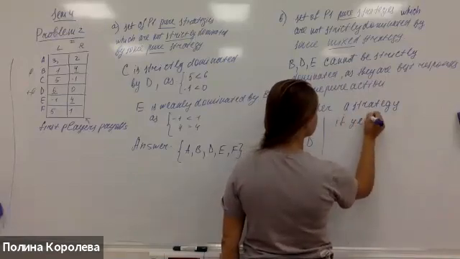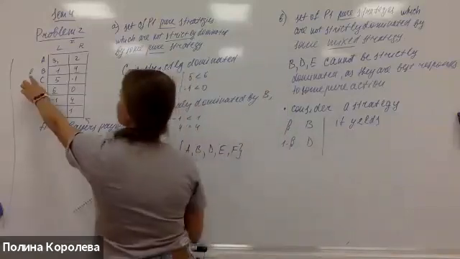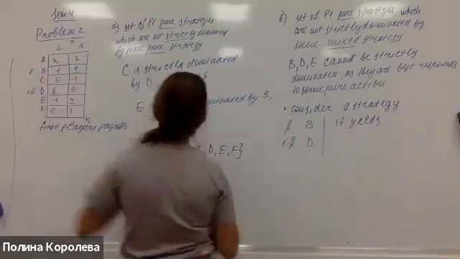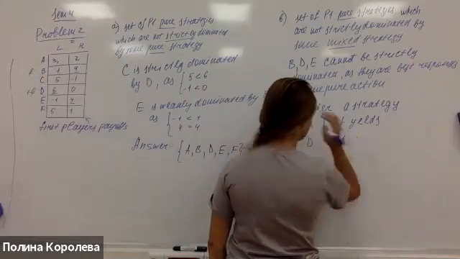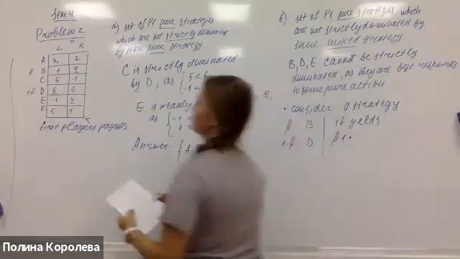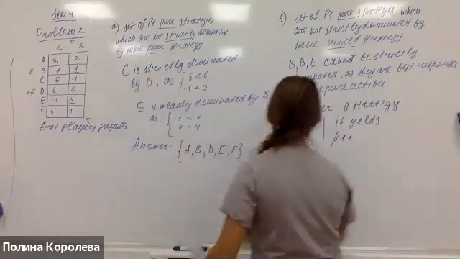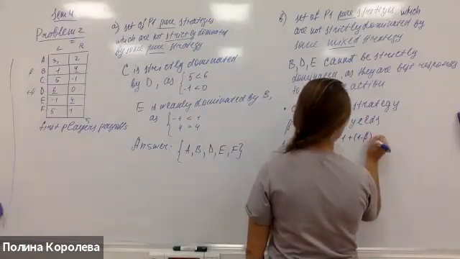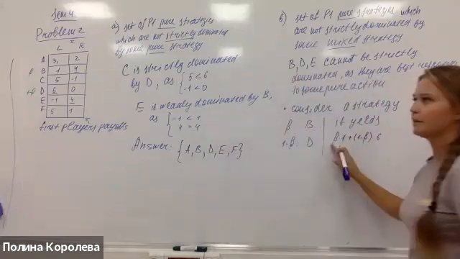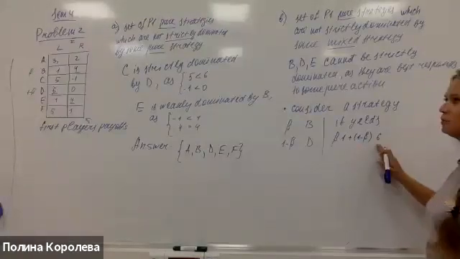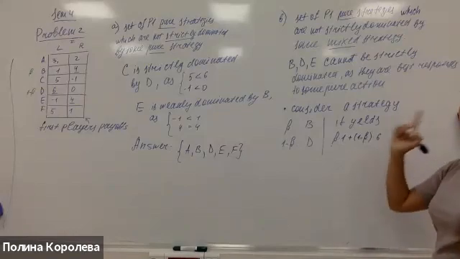Okay, let's write them down. So it yields with probability beta we will have 1, well, beta multiplied by 1, plus with probability 1 minus beta we will have 6. This is the expected payoff of our first player if the second plays left.